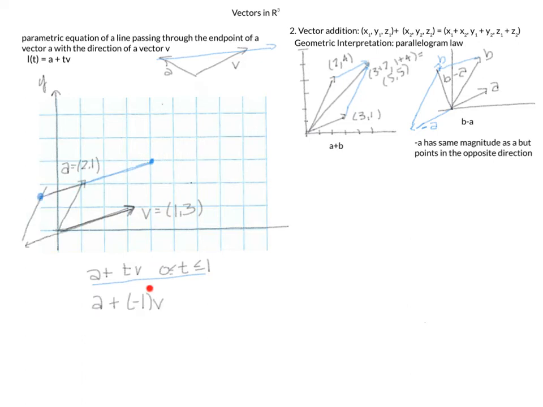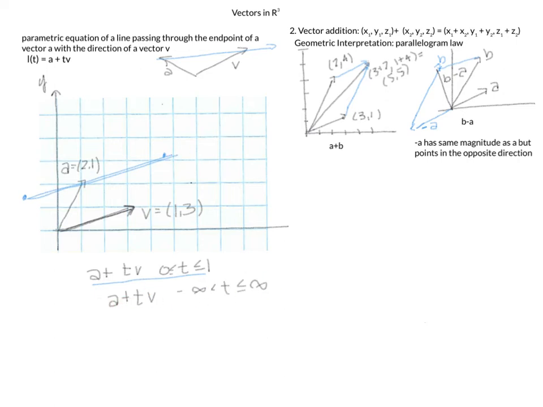And you will also recall, as I start adding negative values for T, I start getting points on this side of A. And as I start multiplying V by values greater than 1, I'm extending my V, and I'm going to start getting points out here. So our line is just going to be A plus TV, where T goes between -infinity and infinity.